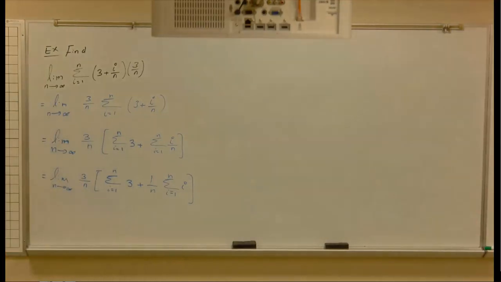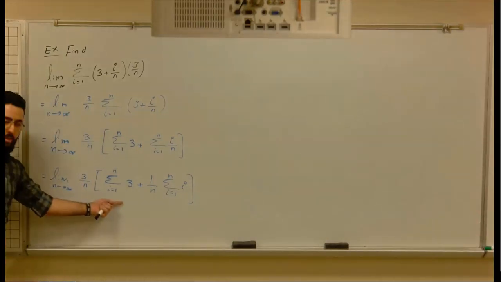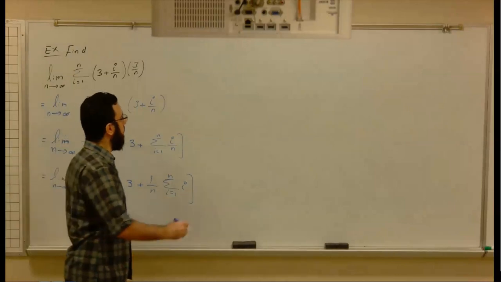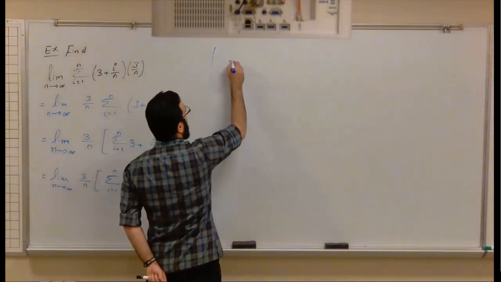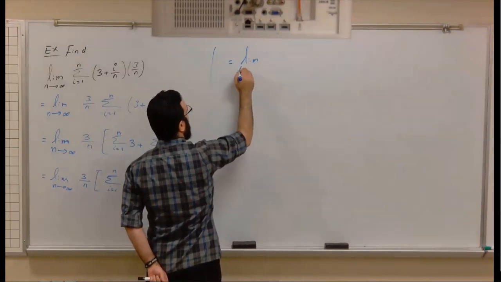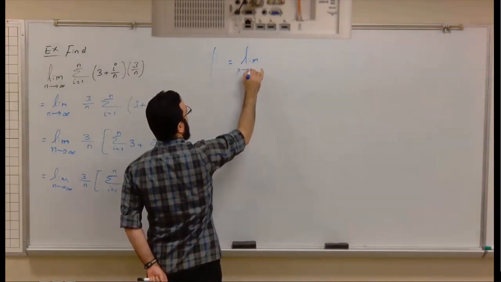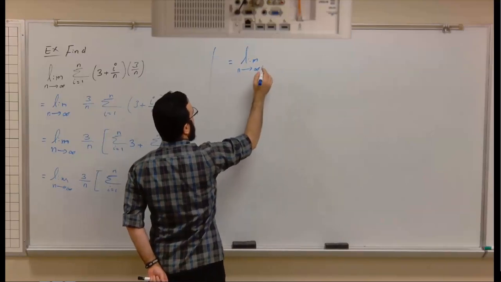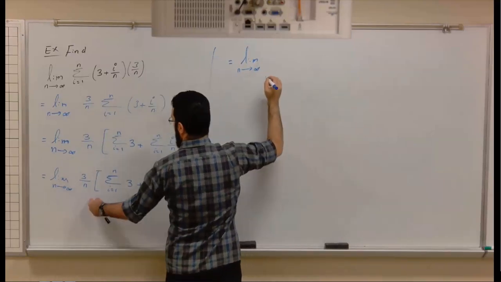Okay, now I can use the formulas here. This one is going to be a limit as n approaches infinity. We have 3 over n.